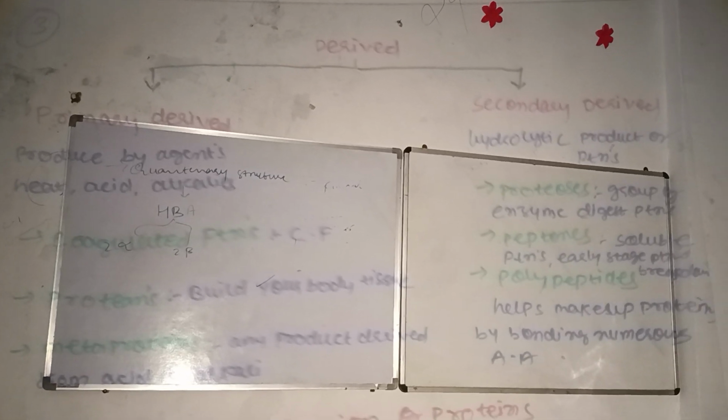Derived protein can again be divided into two: primary derived protein and secondary derived protein.